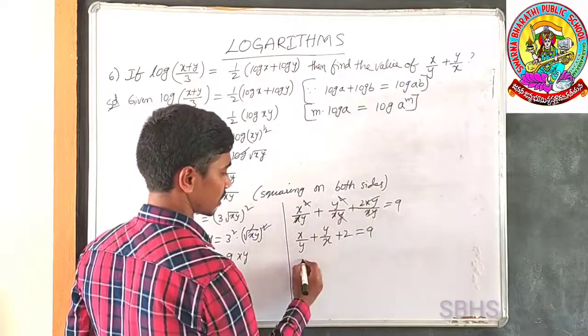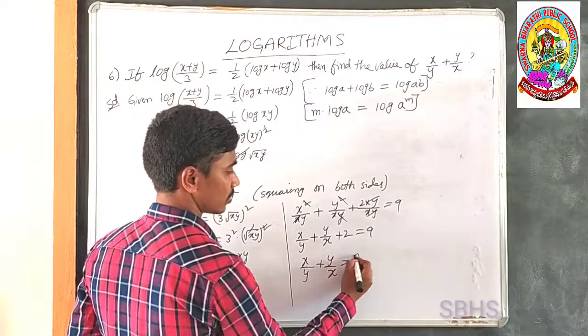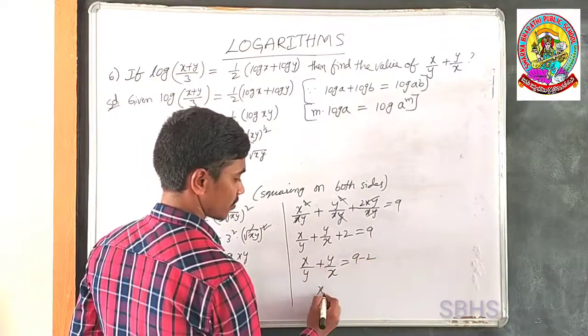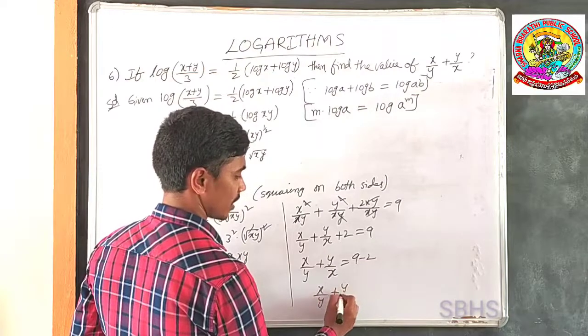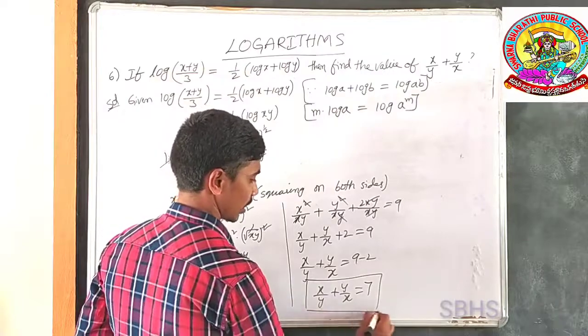Transpose to the right hand side. x by y plus y by x is equal to 9 minus 2. x by y plus y by x is equal to 7. This is the required value.